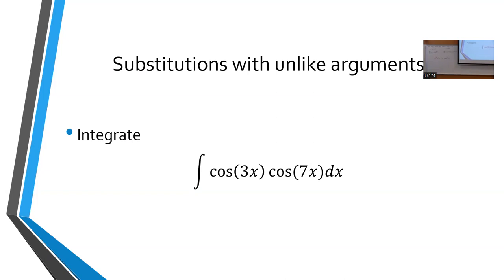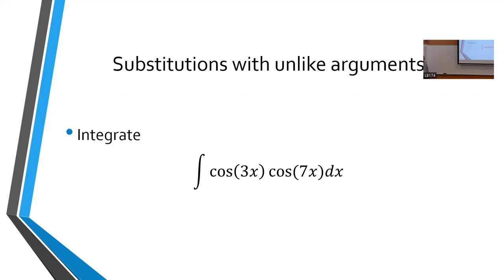But what happens when we don't have the same arguments inside of cosine or inside of sine? What if we have something like cosine of 3x times cosine of 7x, and we want to integrate that? So I have different things on the inside.